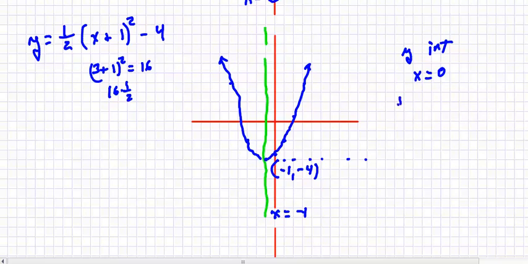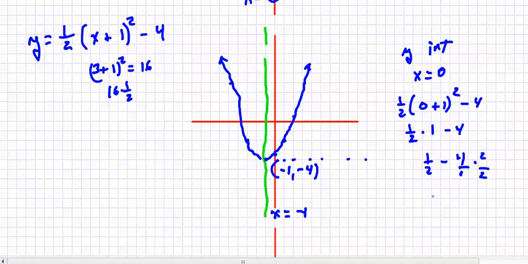So if I put 0 into my equation, 0 plus 1 squared, or 1/2 times 1, minus 4, or 1/2 minus 4. Common denominator, and we get 1/2 minus 8/2, or -7/2. All right? Or you could say -3.5.